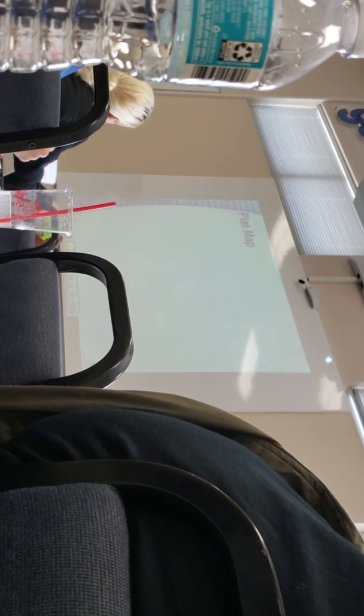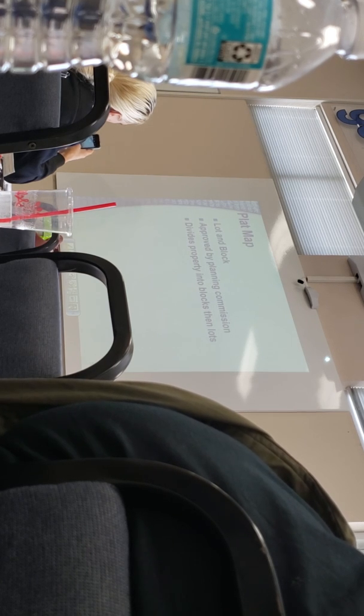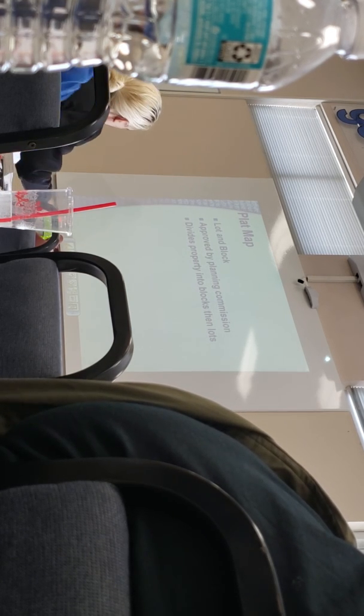And that is your government rectangular survey system and how we describe properties in the state of Florida. Finally, your plat map method. We did it on Friday or yesterday when I did the planning commission. The lot and block plan is when the developer submits a plat map to the planning commission for approval.